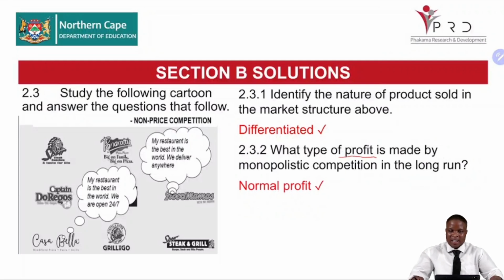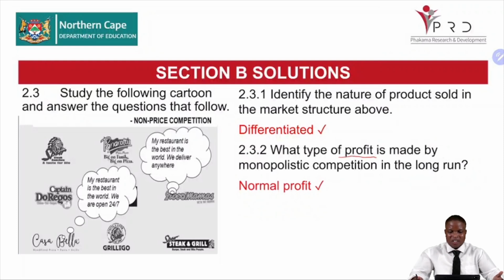Just like a perfect market, there is free entry in this market. If they are making economic profit, people may become aware of the profit that they are enjoying, a super abnormal profit. Then people will enter the market. That will shift the supply curve to the right, meaning the supply will increase. When the supply increases, the price will drop, and then they will make a normal profit.